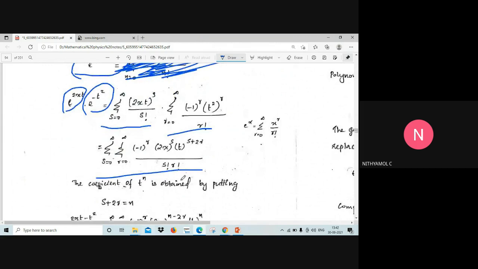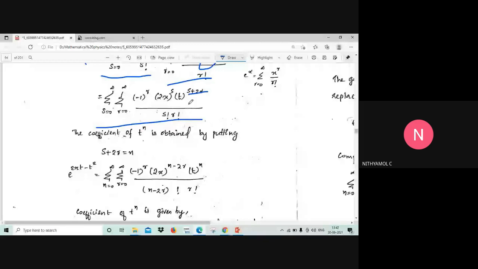Here 2x raised to s, and t raised to s, and here t square raised to r, which means t raised to 2r. So t raised to s plus 2r, divided by s factorial.